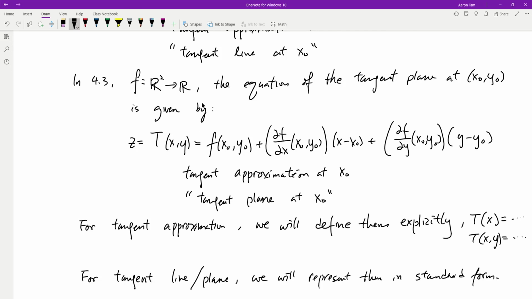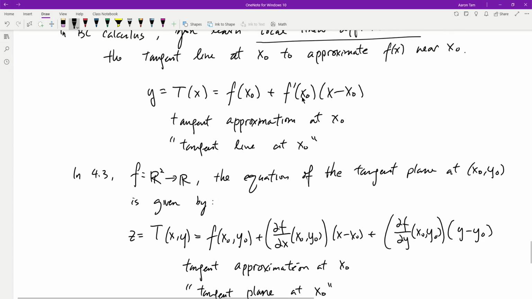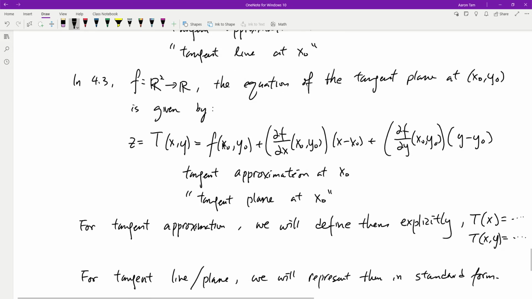So like in the case right here for tangent line, if I say y equal to and then I put it into mx plus b form, then I would be representing the tangent line, not as a tangent approximation. Same thing here. If I call it T of xy, then most likely we refer to it as a tangent approximation. But if I say z equal to, or better yet, put it as some kind of ax plus by plus cz equal to d, then I would represent it as a tangent plane.